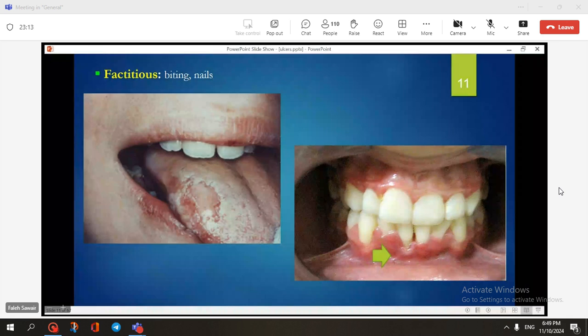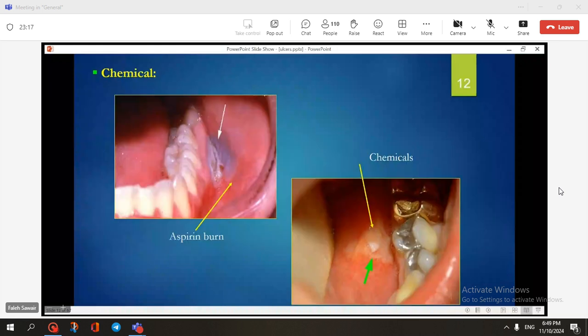Chemicals also can be used in the oral cavity and cause oral ulceration. For example, the aspirin burn, a common, famous example: patients who have toothache think that if they put the aspirin tablet adjacent to the tooth, it will be more effective.